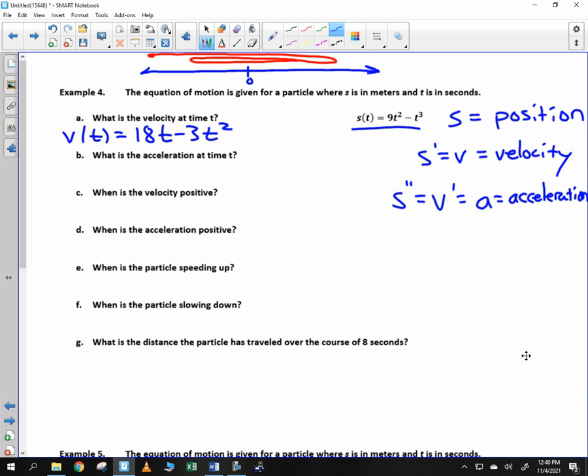We all good so far? We just took the first derivative, right? Now it says, what's the acceleration at time t? Is everybody okay?